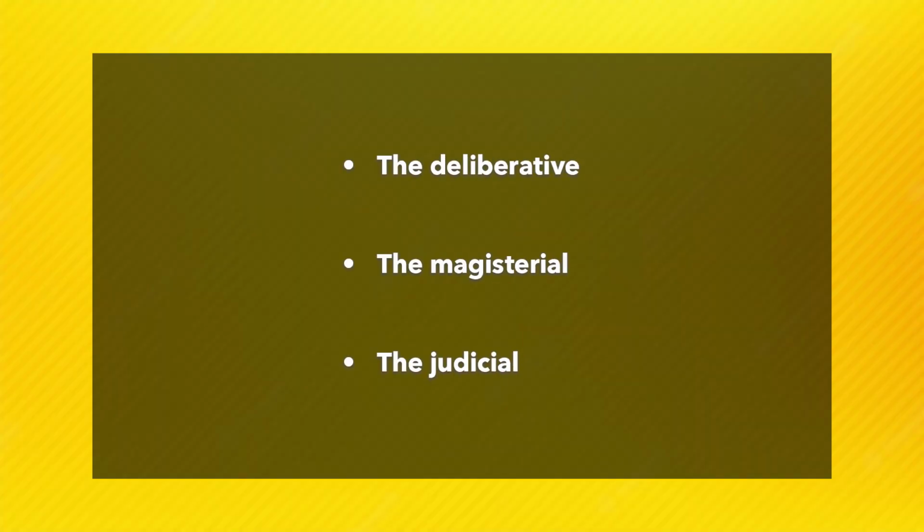Aristotle was aware that governments can take many different forms, each of which may be suitable under specific circumstances. Therefore, he illustrated the need of having an advanced knowledge of government. In doing so, he illustrated 3 fundamental branches that act as vital components of every constitution: the deliberative, the magisterial, and the judicial.